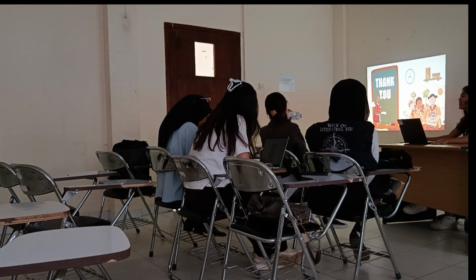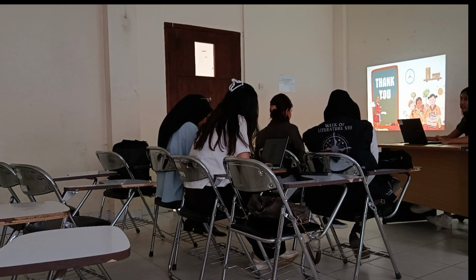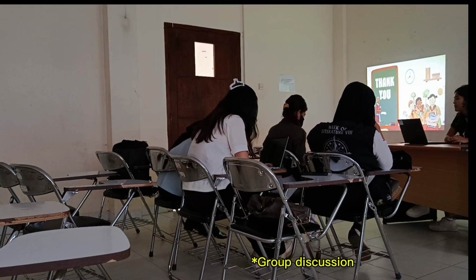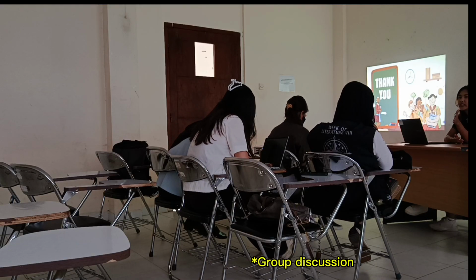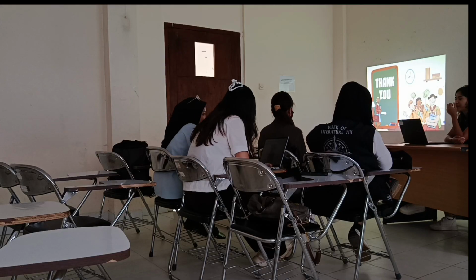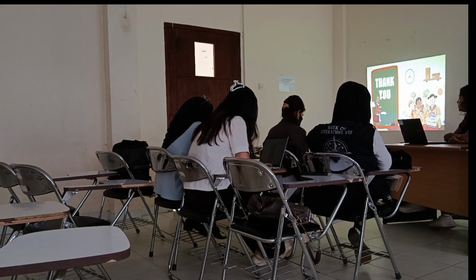Okay guys, that's all for the tutorial. Now we're going to move into a short activity. I will divide you into two groups: group 1 over here and group 2 over there. Each group will choose one learner sentence.